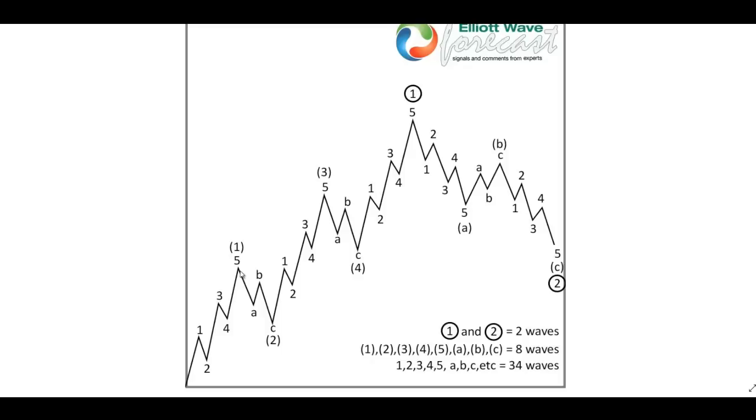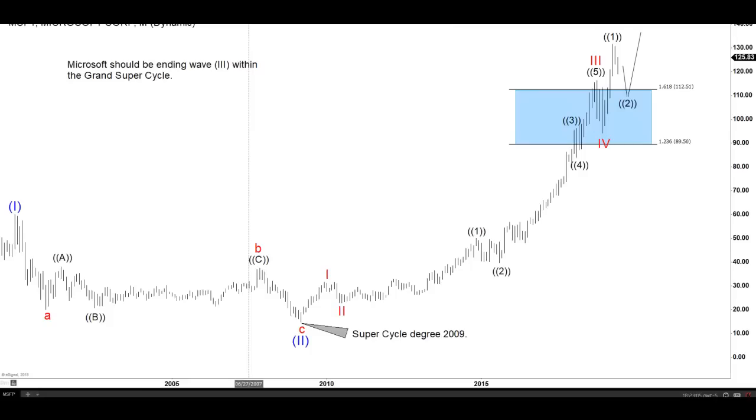Microsoft is giving us something very technical, very well defined in its grand super cycle structure. If we take a look at Microsoft right here, this is Microsoft in the monthly chart.